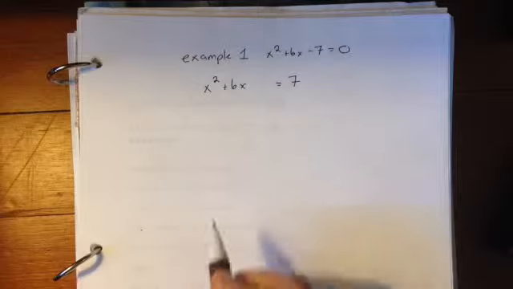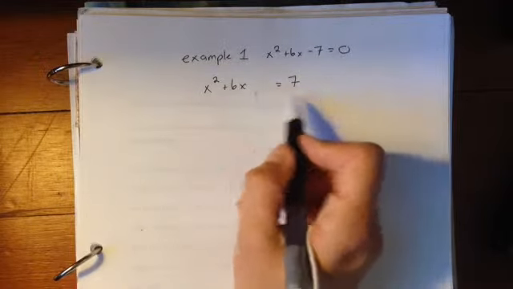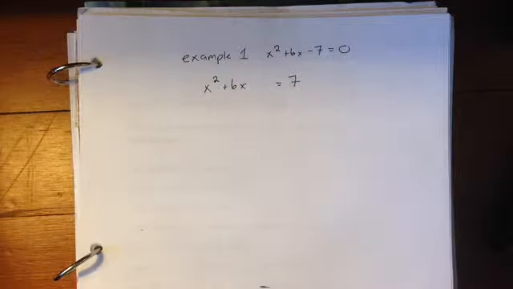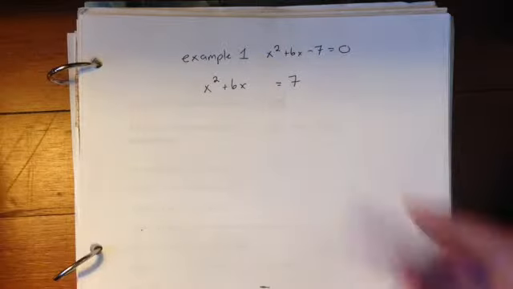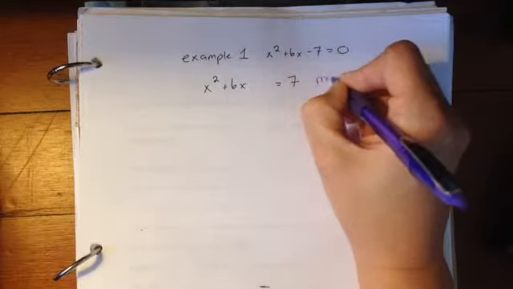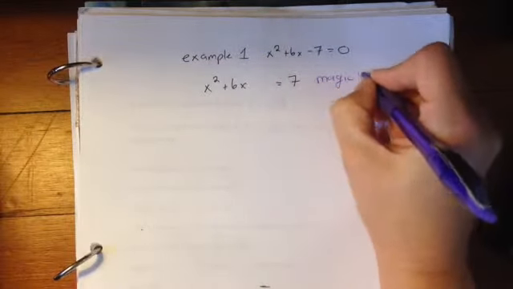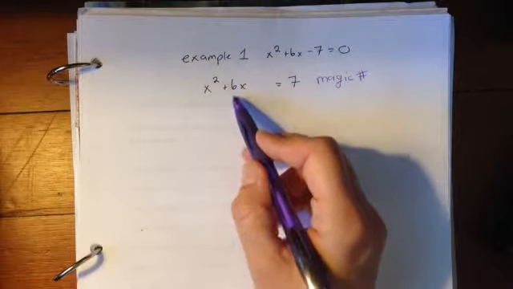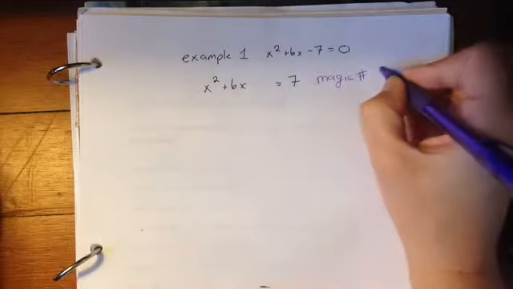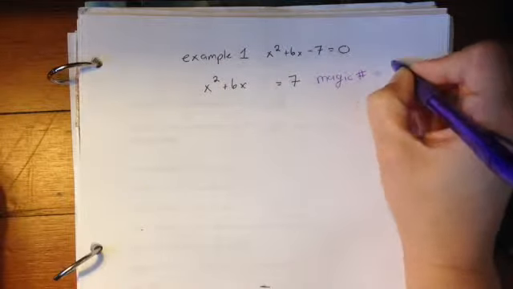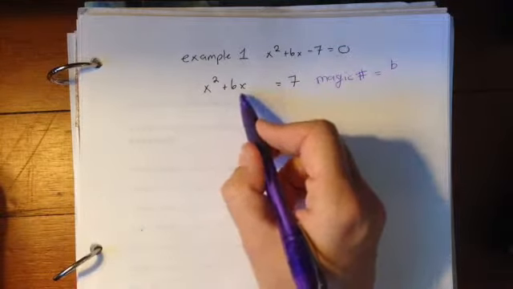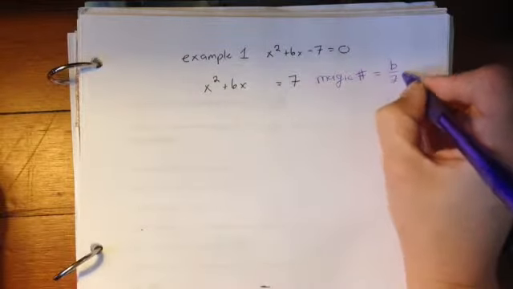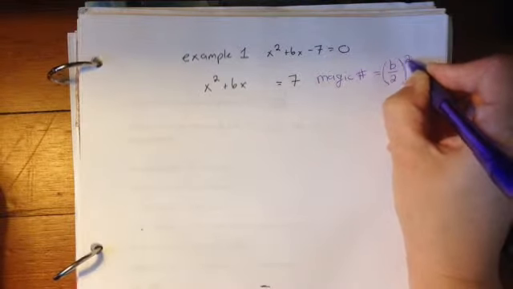Now we need to find that magic number that we can add to both sides. A good trick here is that that magic number, that's what I call it anyways, will always be b divided by 2 and then squared. So it's always the coefficient on x divided by 2 and then squared.